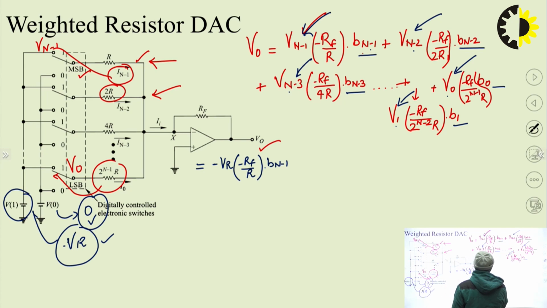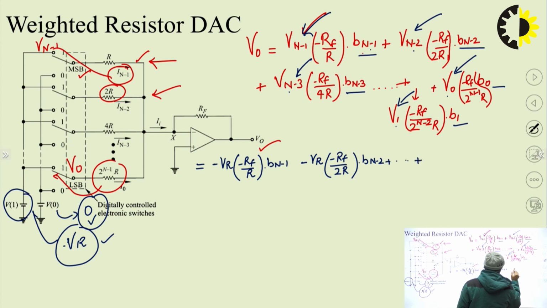Then next one again minus VR, minus Rf upon 2R into Bn minus 2.